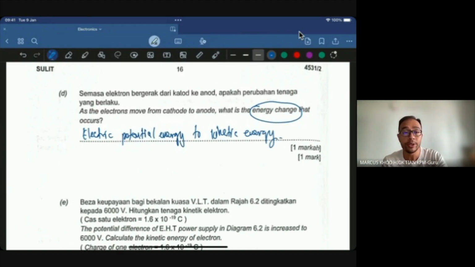Electric potential energy to kinetic energy. You can use an arrow. I don't think it's a big deal. Just to remind us, electric potential energy formula is eV and kinetic energy is half mv squared. That's where we get the formula eV equals half mv squared.